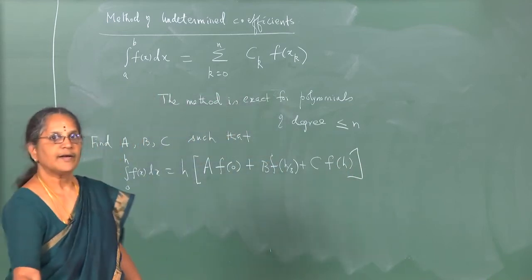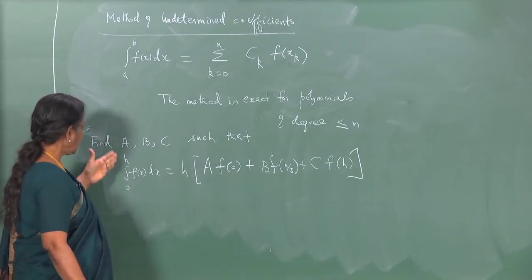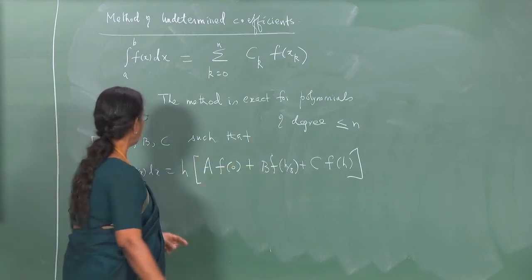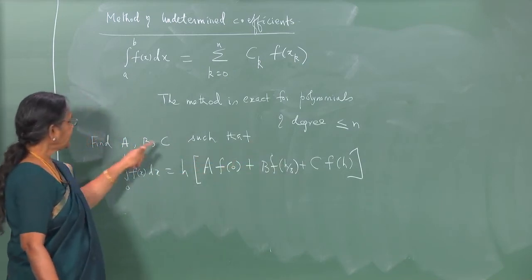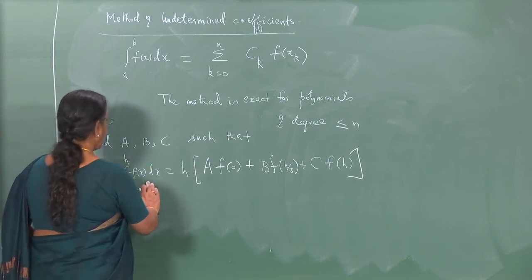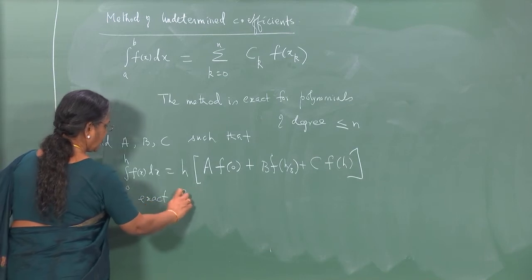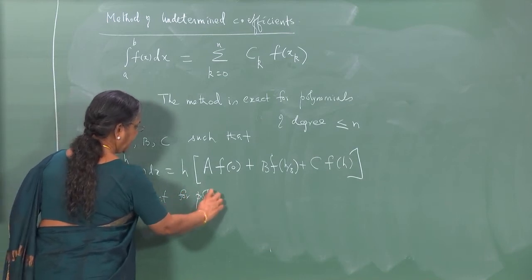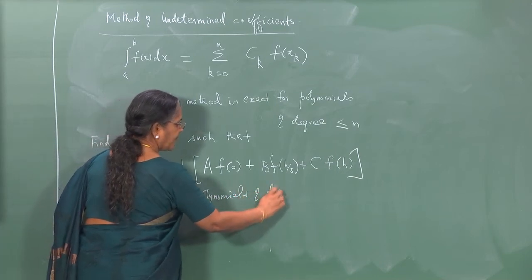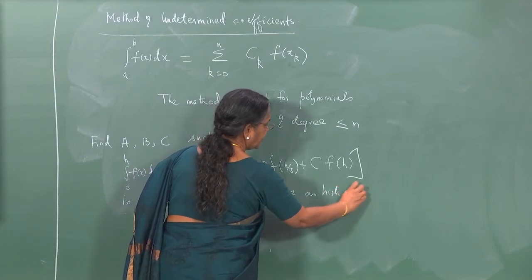So, derive an integration method of the form integral 0 to h f of x dx equal to this, where a, b, c are constants such that this integration method is exact for polynomials of degree as high as possible.